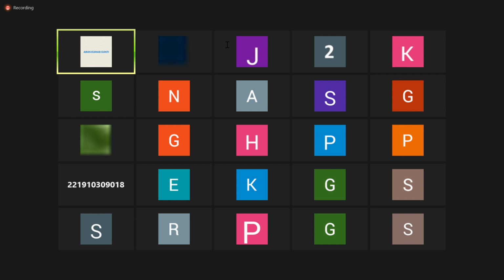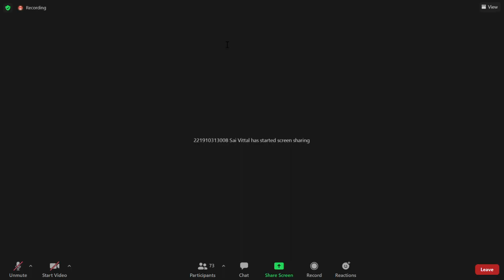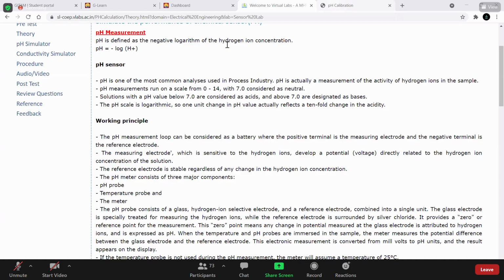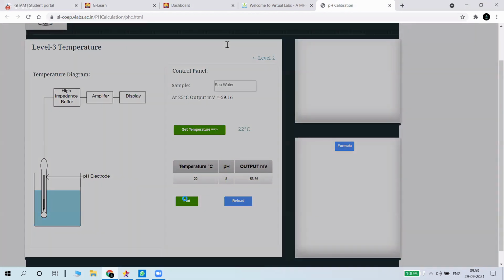Section 13, roll number 8. Yes, sir. Share your screen. Go to theory.